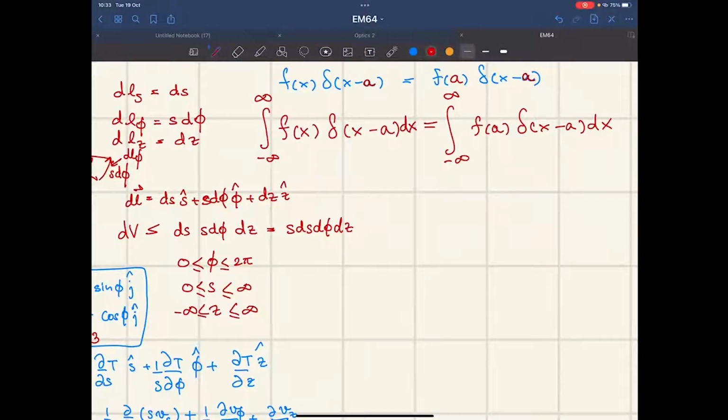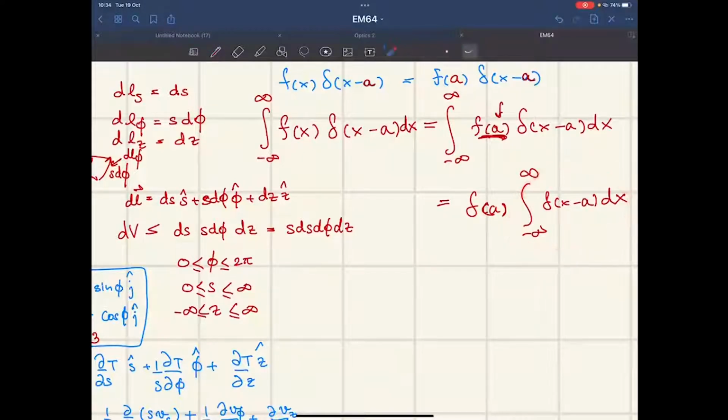All right. If you look here, f(a) is basically a constant, so I pull it out of the integral. So I have this. So what is this?